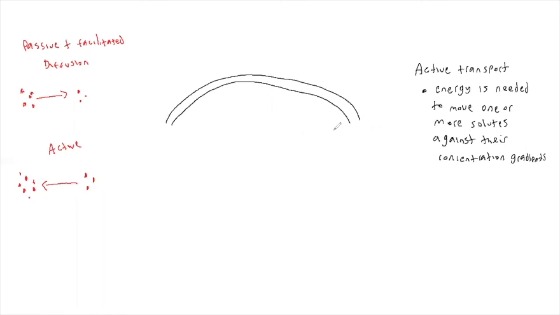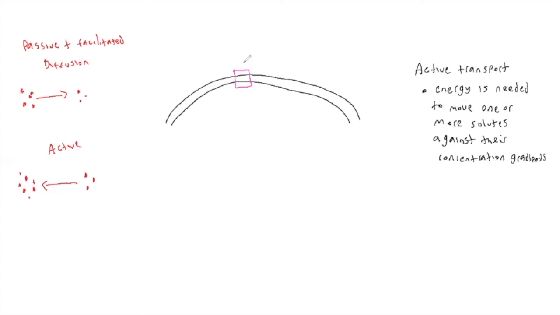So this is the idea behind active transport: what if you want a significant difference in solute concentration depending on the site, depending on the environment. The first one is called primary active transport. I'll just call this a pump.